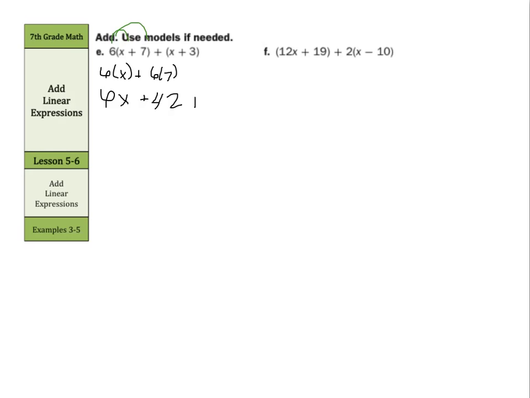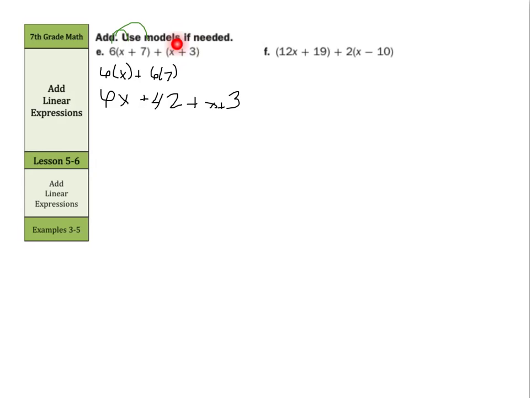And then we still have our plus x plus 3. Again, notice we only distributed the 6 to the term x plus 7. We don't have the 6 outside the x plus 3, so we're not going to distribute to those.